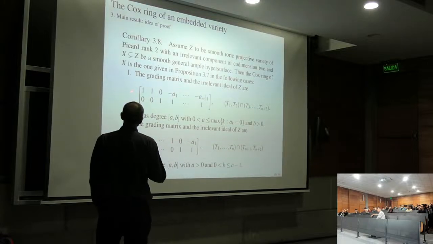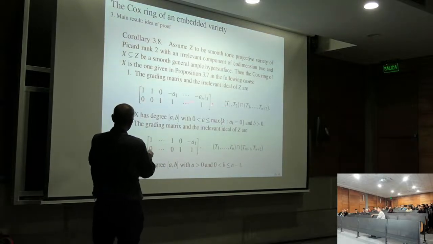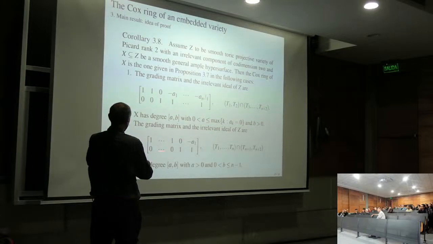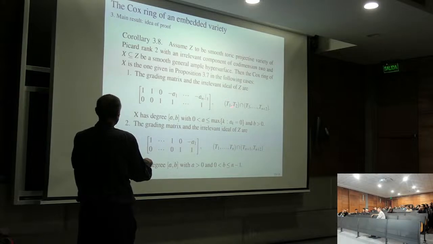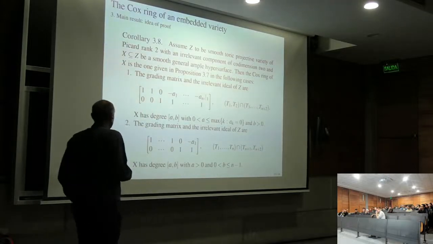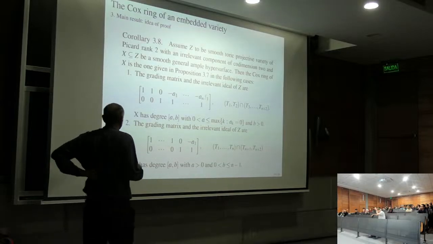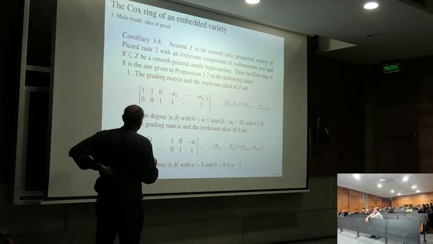Either the grading of the toric variety is this one, or it is this one. And the irrelevant locus in this case is given by the first two. The codimension 2 component is given by the first two variables or by the last two. So applying the previous result, we could show that here we have the Cox ring whenever the degree of our hypersurface satisfies a bound.